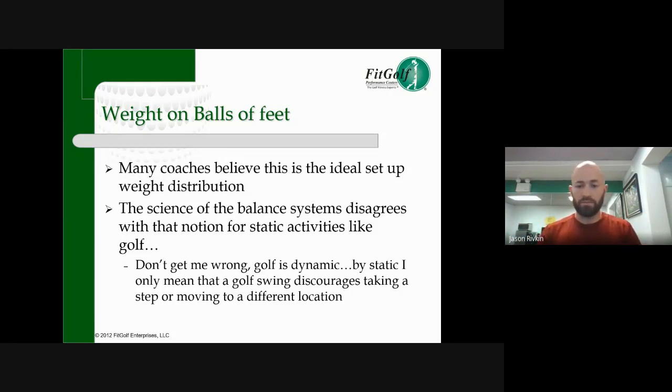Any feedback on that? Let's see, I'll type this in. You guys can answer the poll. Option 1, balls of the feet. Option 2, you may instruct heels. Option 3, we'll say arch or midfoot.